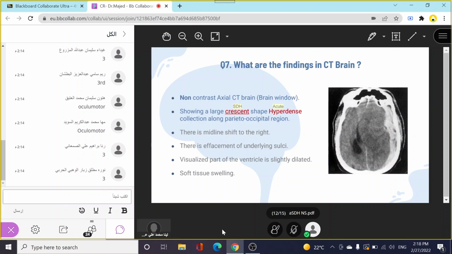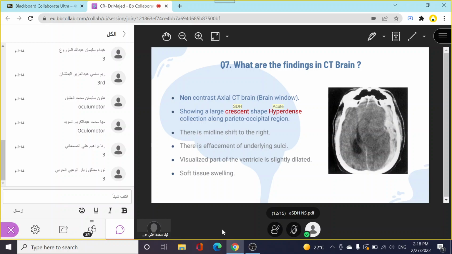And there is also a midline shift to the contralateral side, as you can see in here. And there's effacement of the sulci and enlargement of the visible part of the lateral ventricle, and also a soft tissue swelling, as we can see in here.